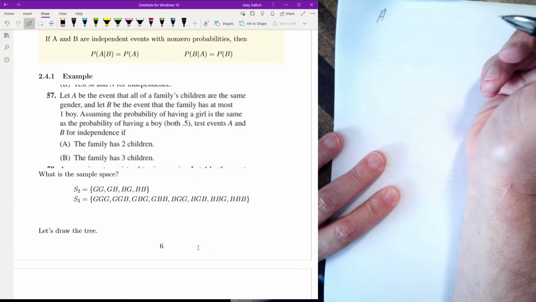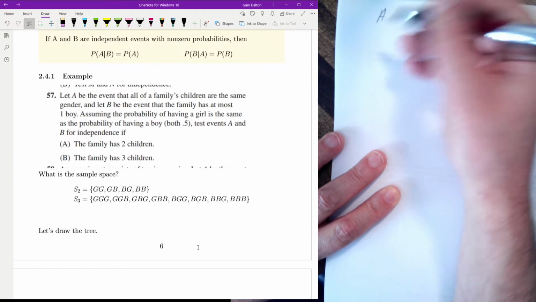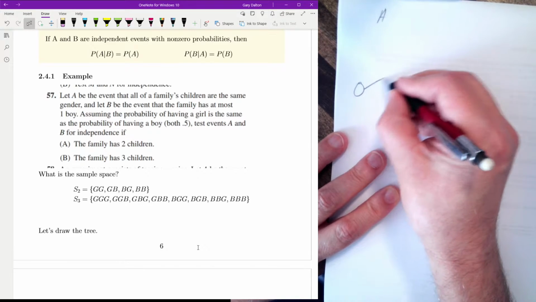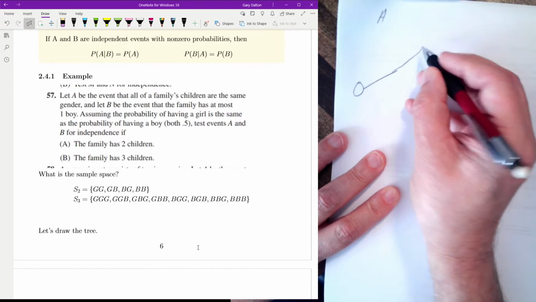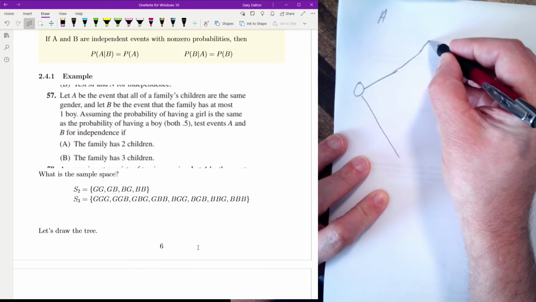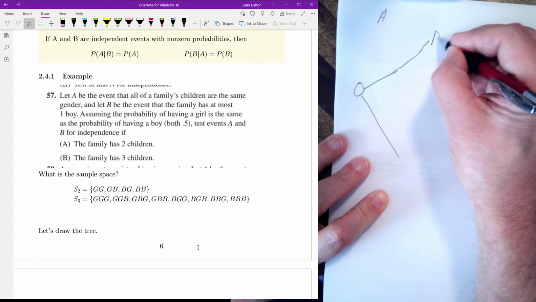So we have a family. The probability of having a boy and a girl is exactly the same. In one set, they have 2 children, and in the other, they have 3 children. So I'm going to do this, and I'm going to go boy, girl. Okay.